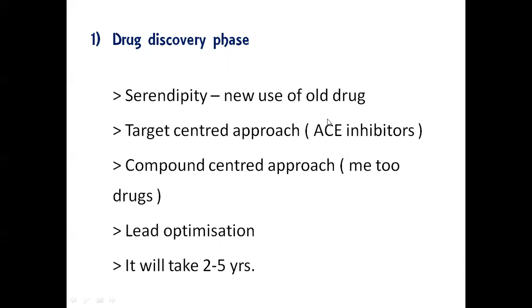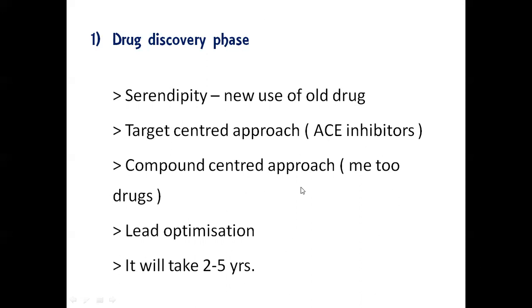In hypertension, the angiotensin converting enzyme plays an important role. This angiotensin converting enzyme is the culprit, so this is the target. What we are going to do is inhibit this enzyme, so to inhibit it, we create the drugs. This is called the target-centered approach, ACE inhibitors.